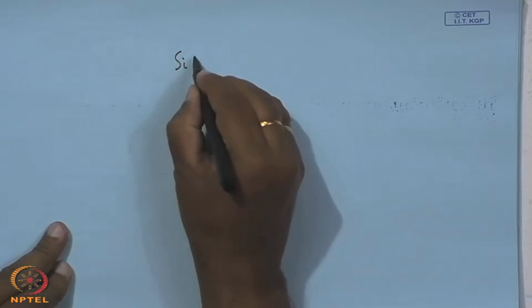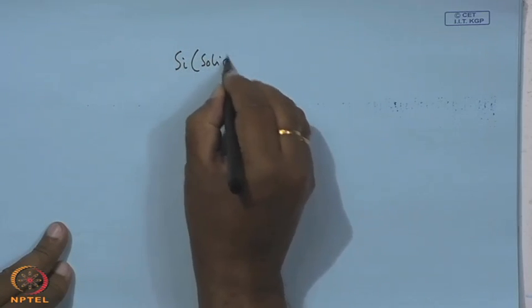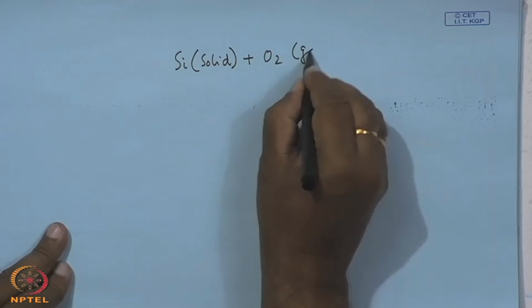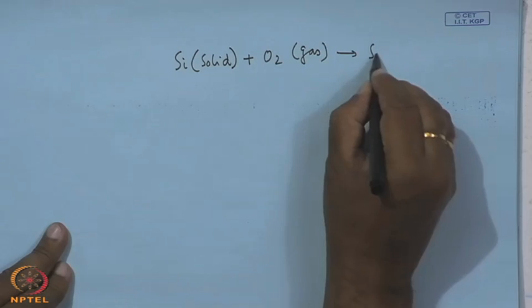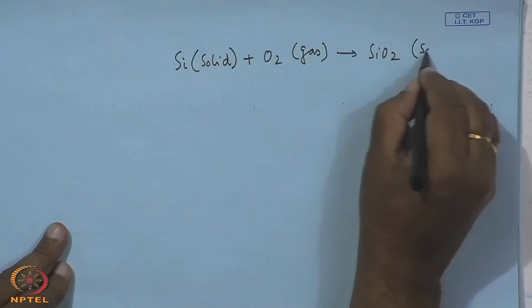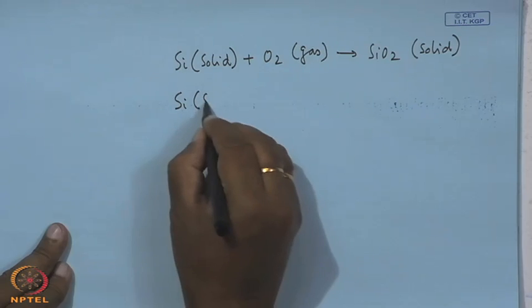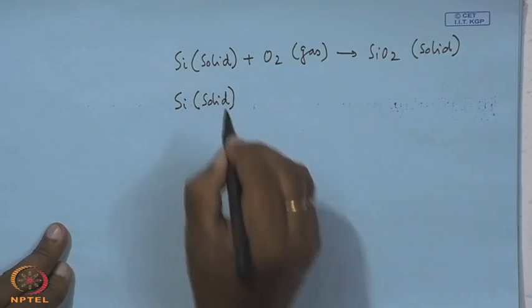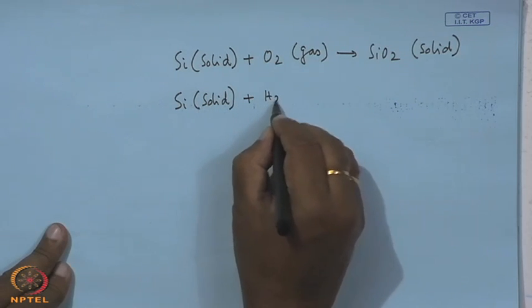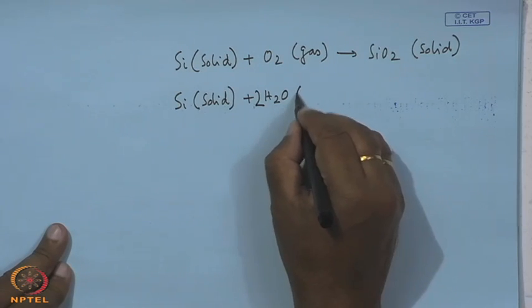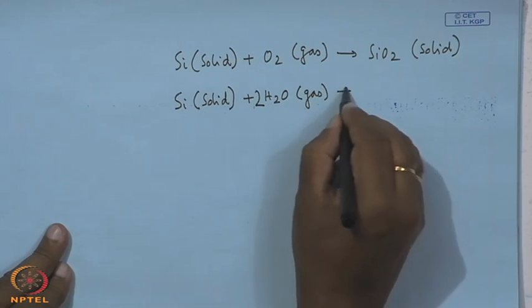In this case, the SiO2 layer is grown. Suppose you have Si, which is a solid, it reacts with oxygen, which is a gas, and SiO2 is formed, which is obviously solid. Or you can have a silicon substrate, a solid material, reacting with water vapor, which is a gas, that means steam is used.